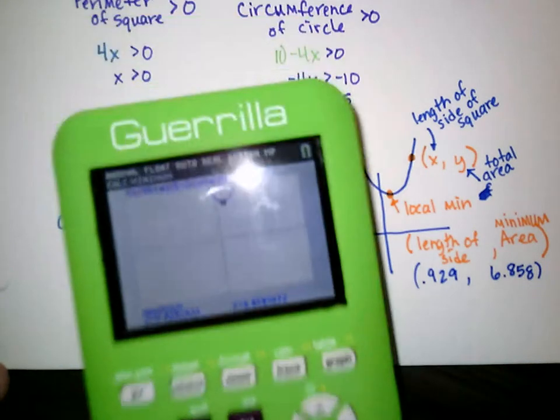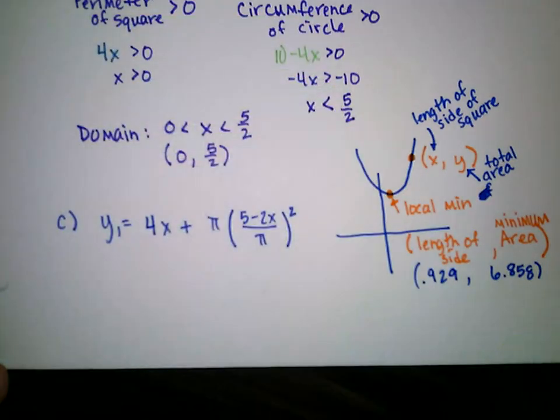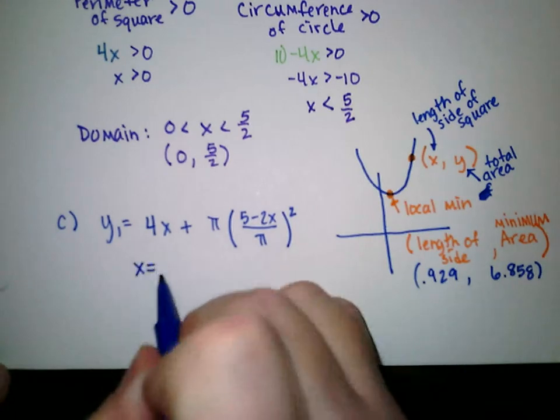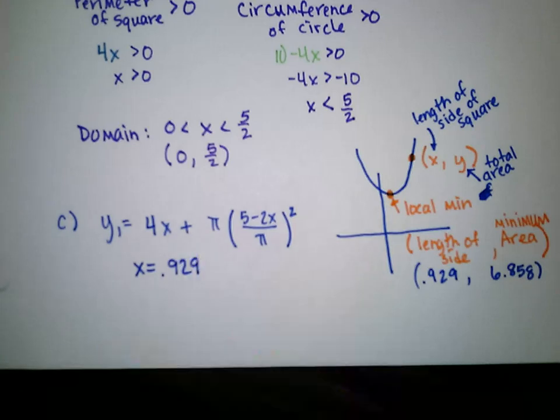So they've asked me for what value of x is A the smallest, and so that answer would be the x value. x equals 0.929.